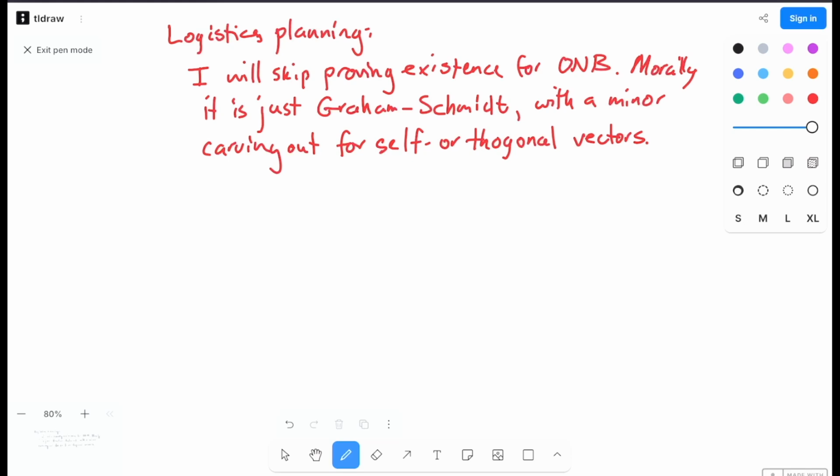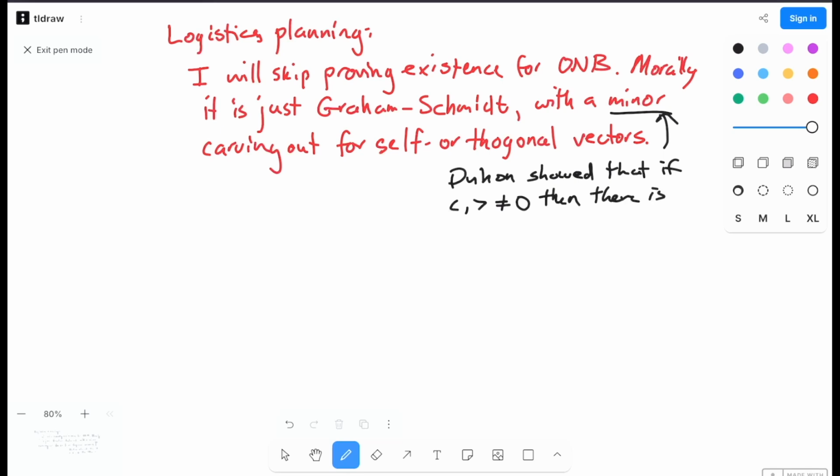In Duhan's lecture, one of the things that he showed, so it's minor, is that if this form is not the zero form, if it doesn't take zero on literally every pair of vectors, then there is some non-self-orthogonal vector.